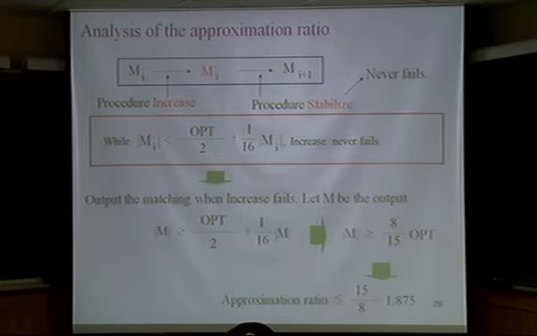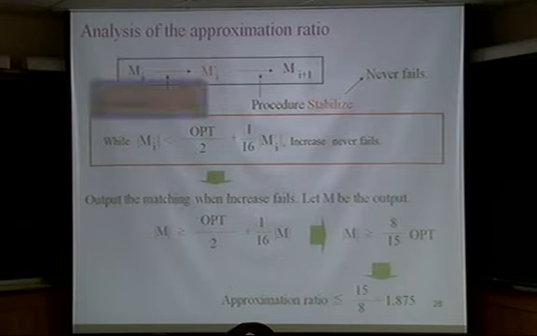But as long as the current matching size is relatively small, almost half the optimal, increase never fails. So we apply increase and stabilize repeatedly until increase fails, and output the current matching. Then the current matching must satisfy this inequality. From this we can get a 1.875 upper bound.